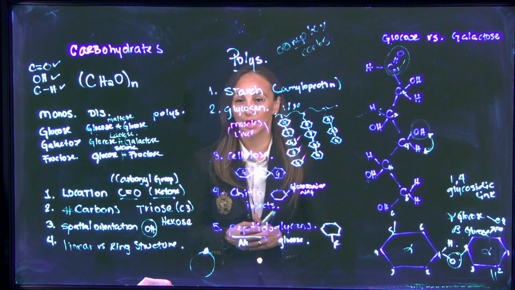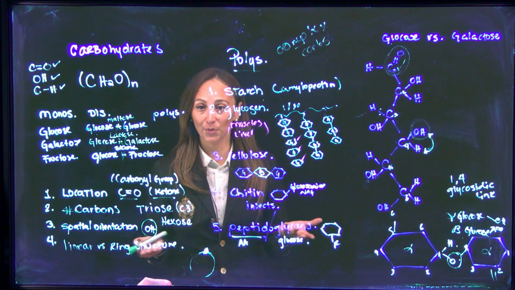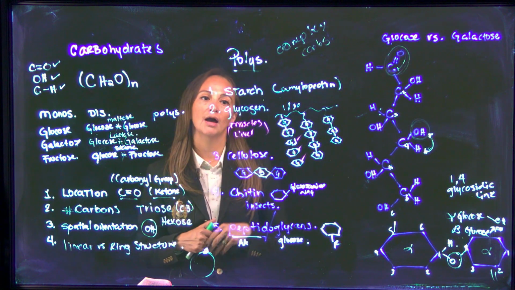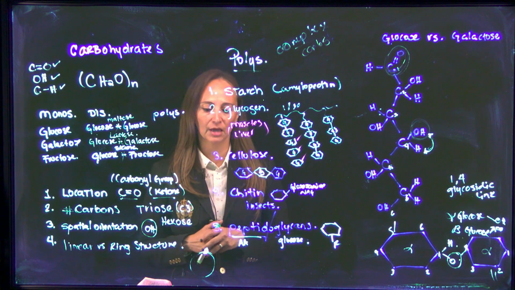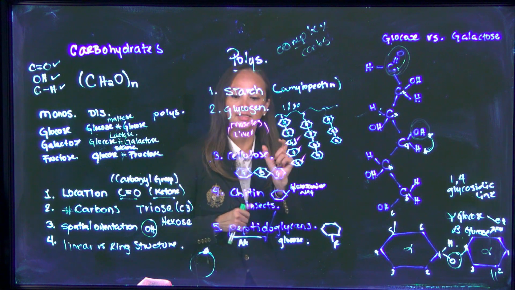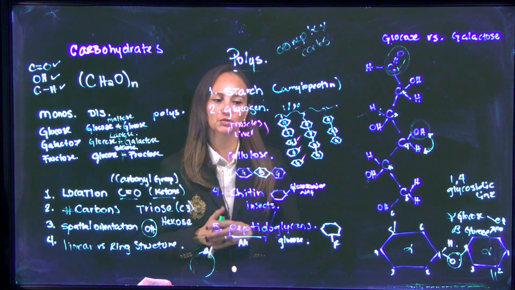For example, based on your type of red blood cell, you have a type A, type B, or type O with the lack of antigens. Those, for example, are based on peptidoglycans, which help with the cell recognition of each one of these red blood cells.